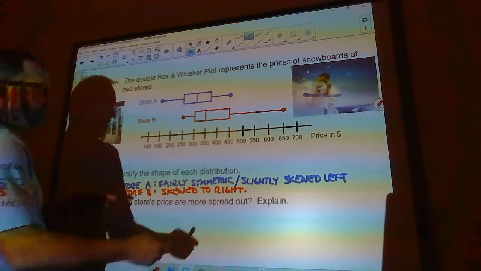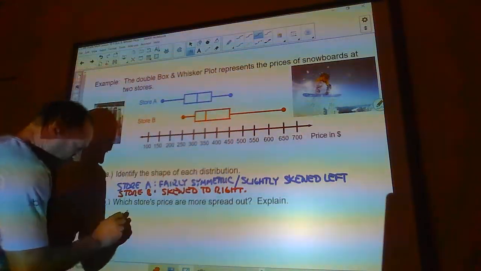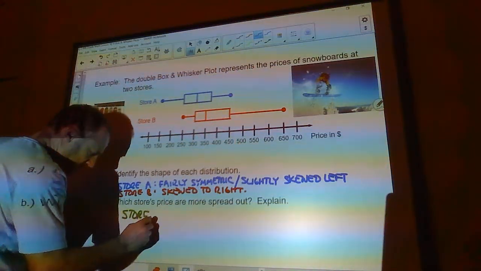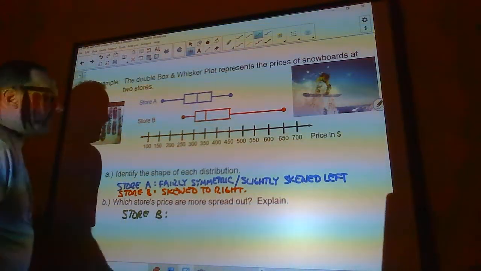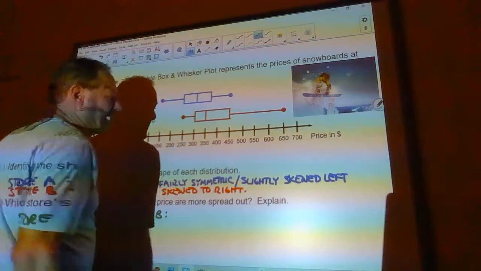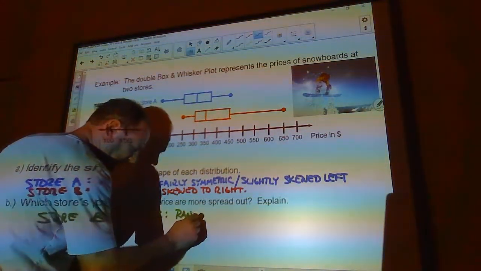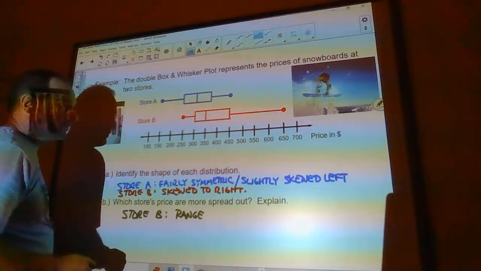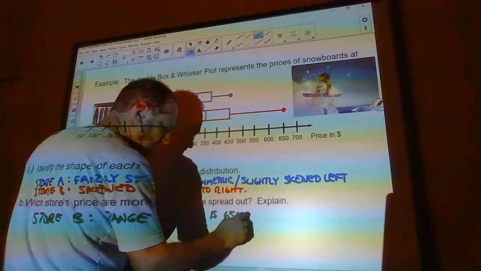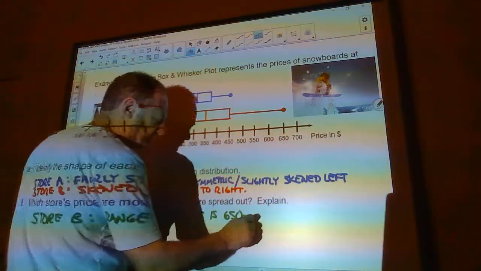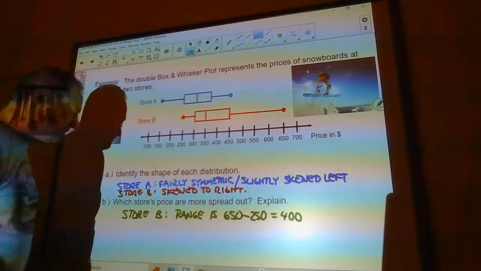Well, obviously it's store B. Now why? Well, first of all, the range, which is the distance between the minimum and the maximum, is bigger. That's the best way to say it. So the range in this case is 650 minus 250, which equals 400, for store B.